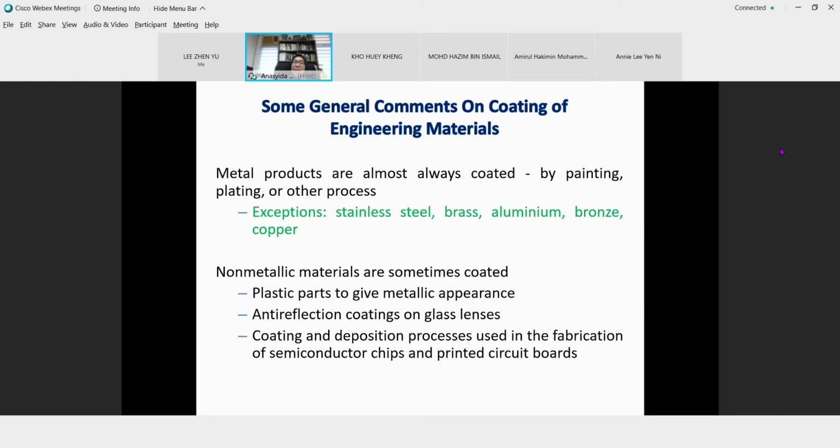We also have brass. We don't call it corrosion, because the reaction with oxygen forms another layer that does not deteriorate. What we mean by corrosion is that it will deteriorate your sample. For example, steel will form Fe3O4 and also Fe2O3. When steel forms these two layers, they become a protective layer on the steel.